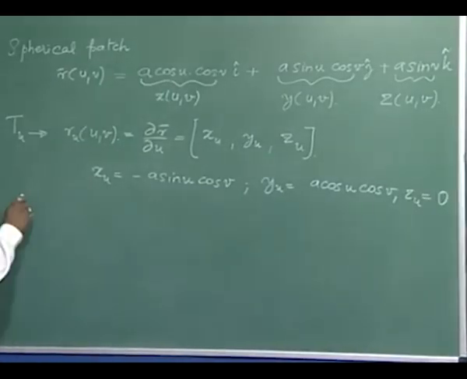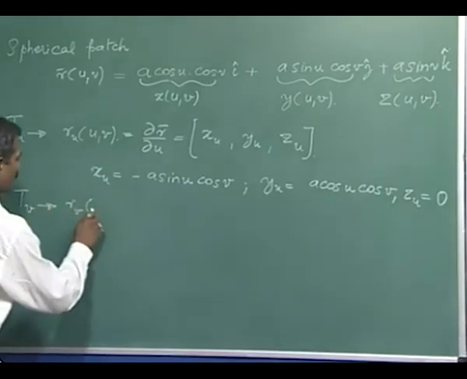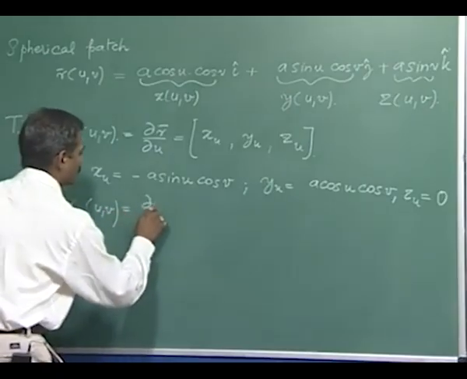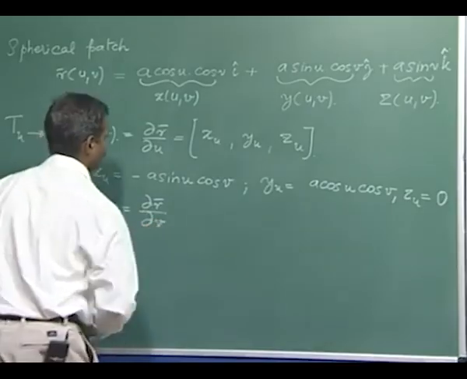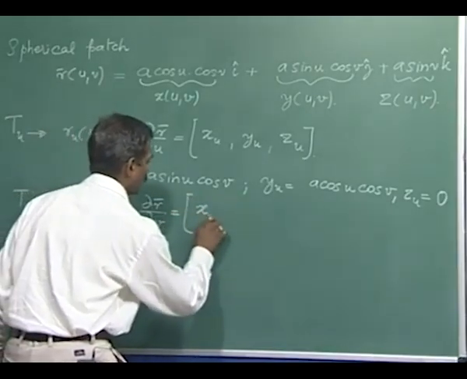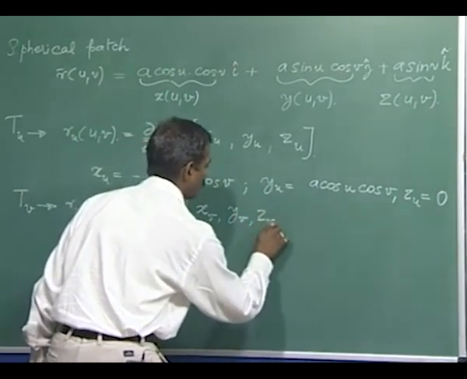Likewise, the tangent along the v direction is given by r sub v (u,v). This is partial r over partial v. In ordered form, this is x_v, y_v, z_v.